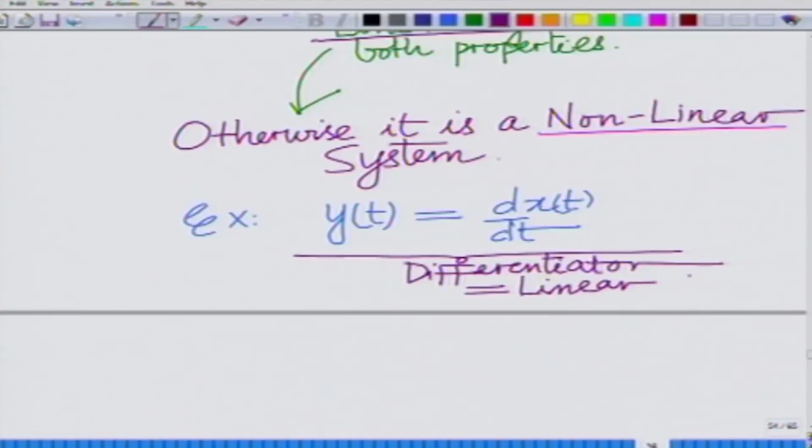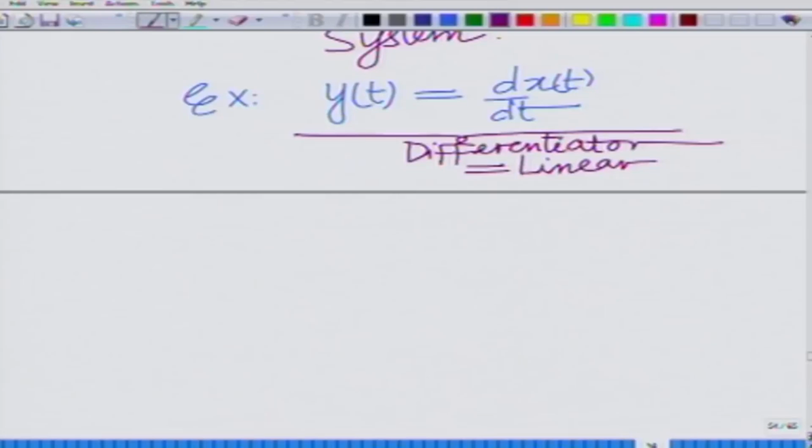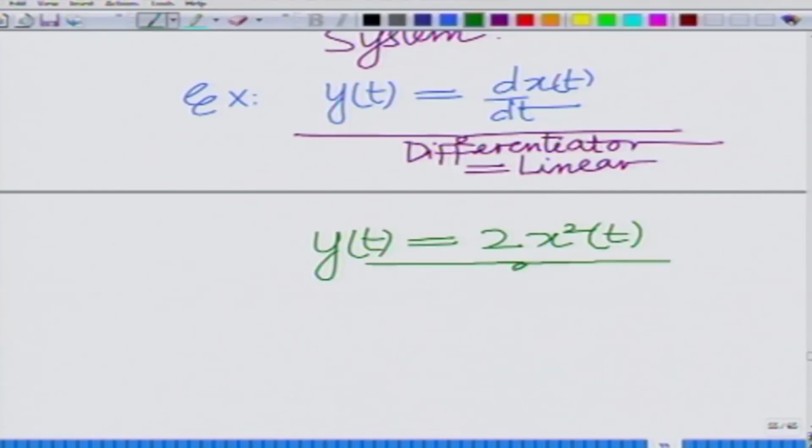Now, if you take for example y(t) equals 2x squared(t), this is clearly a non-linear system. You can check that it will not satisfy the properties related to linearity.